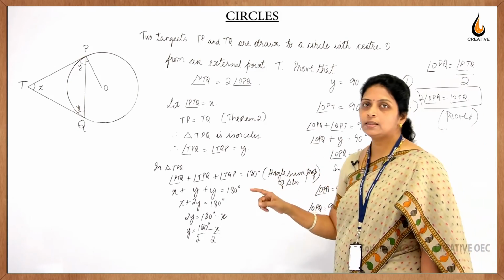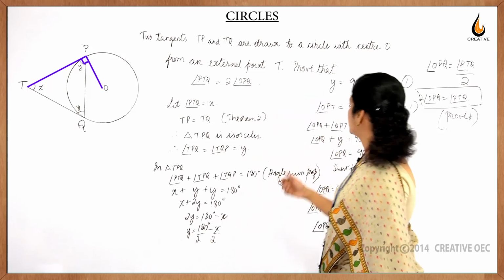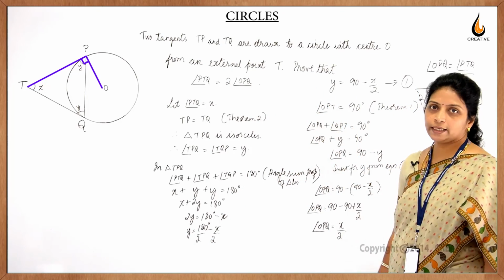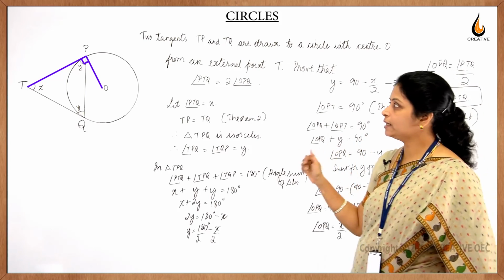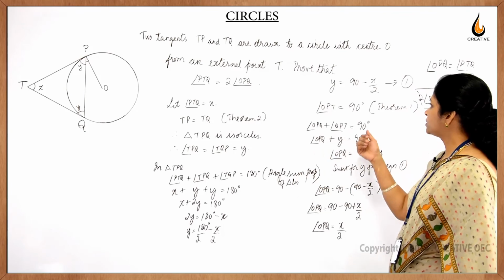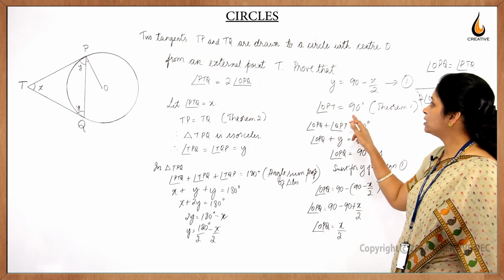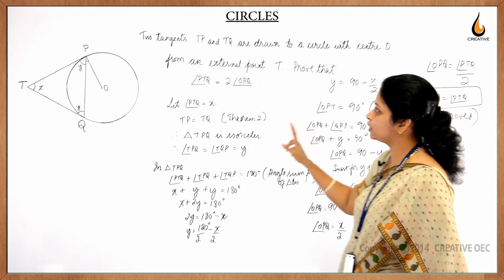Next we will consider this angle OPT. This angle OPT is equal to 90 degrees according to theorem number 1, which says that the angle between the radius and the tangent will always be 90 degrees. So, this angle OPT can be split into OPQ plus QPT, two angles.